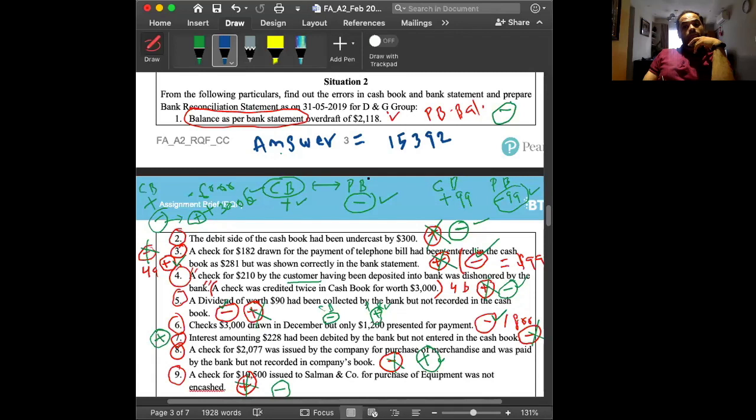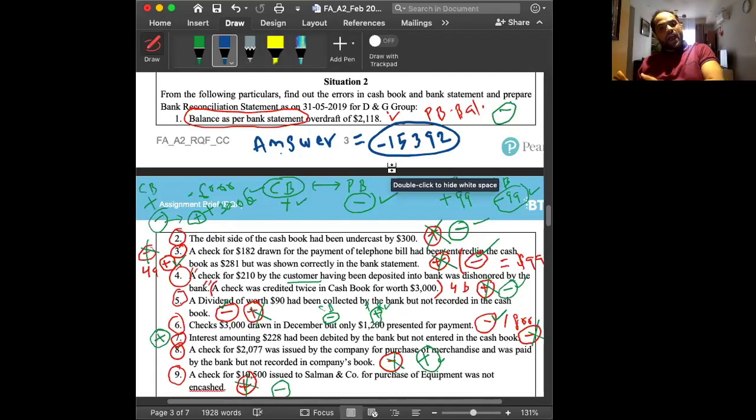Balance as per cash book, positive side or negative? Negative. All right, negative. So it's a credit balance as per cash book. That's the meaning of this answer.